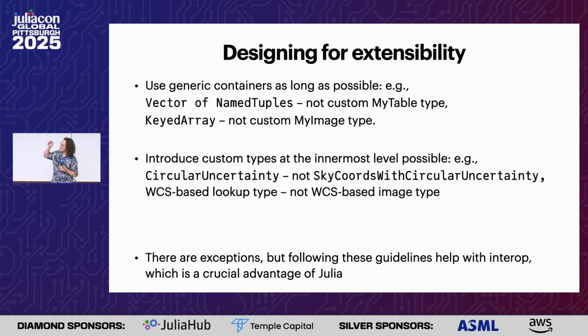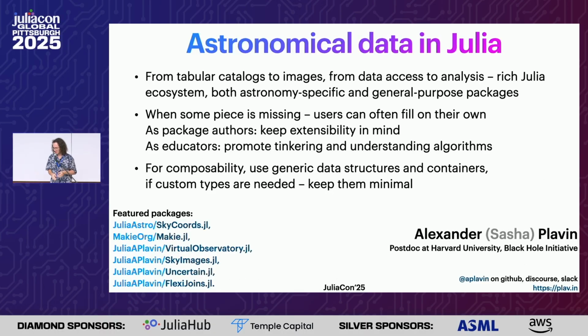For example, not SkyCoords with circular uncertainty, but just circular uncertainty, and use uncertainty packages that are flexible enough. Not a world coordinate system-based image type, but a WCS-based lookup type for that image. There are exceptions, but I think these guidelines help with interop, which is crucial for the success of Julia and stuff like this.